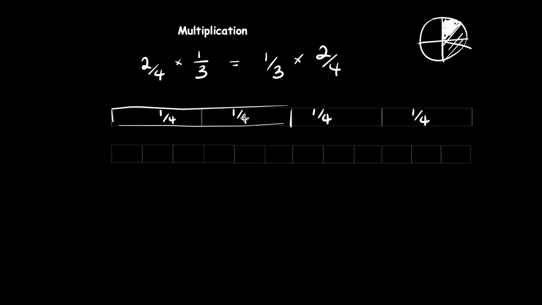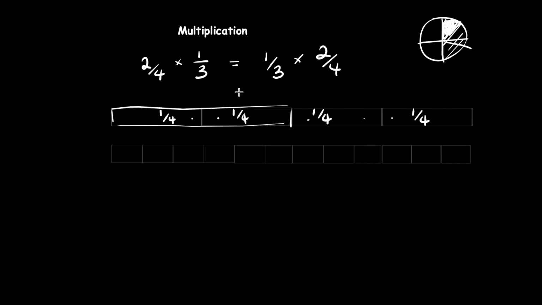But for right now, with our line model, let me not express this as something divided into these 4 parts. Let me express this as something that's divided into 12 parts, where I have 1, 2, 3, 4, 5, 6, 7, 8, 9, 10, 11, 12 parts. And it happens to be the same length as my whole, which is above it, that's divided into 4 parts.